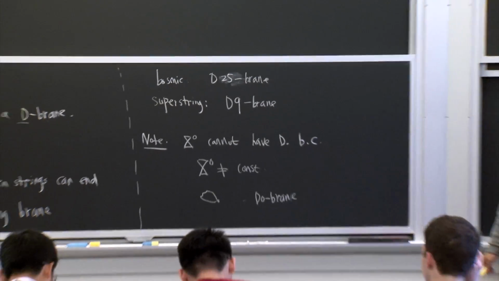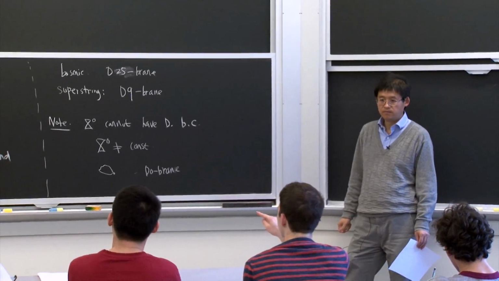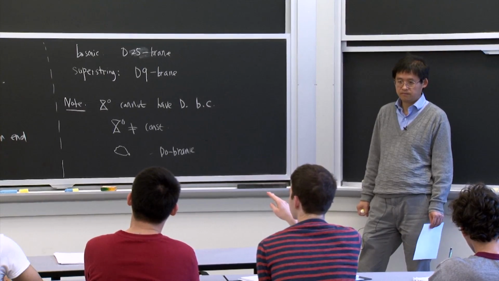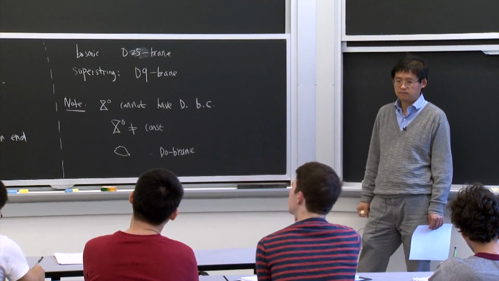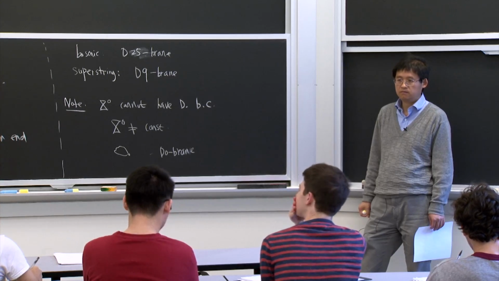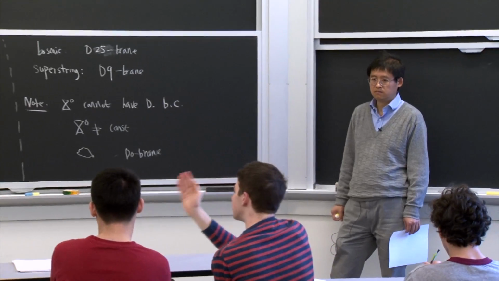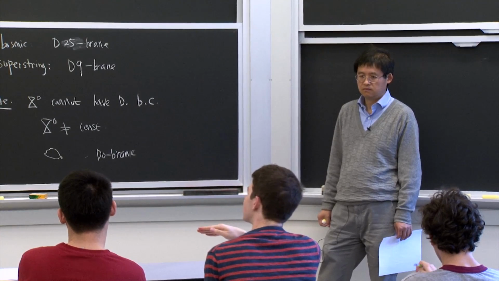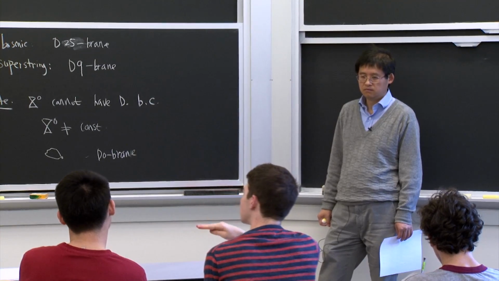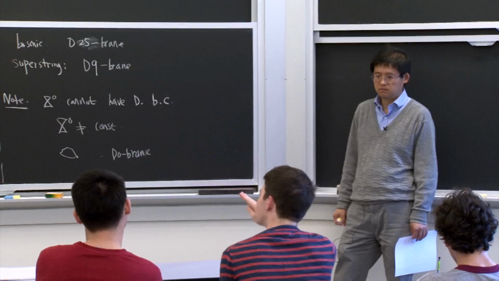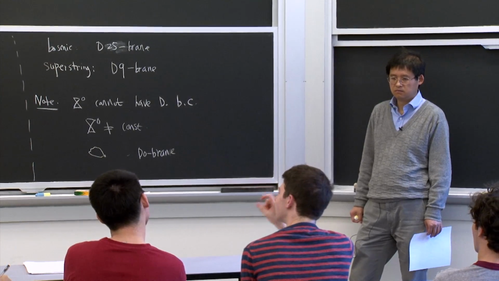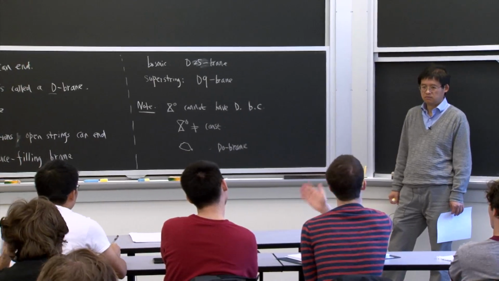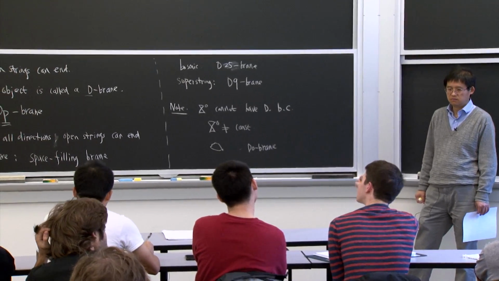Yes. So one question. This idea about calling the Neumann boundary conditions D25 branes, or T9 branes, is a little bit perplexing, because it seems like not imposing Dirichlet boundary conditions implies applying Neumann boundary conditions, which is not the case. They're mutually exclusive. So I don't understand why it is that.